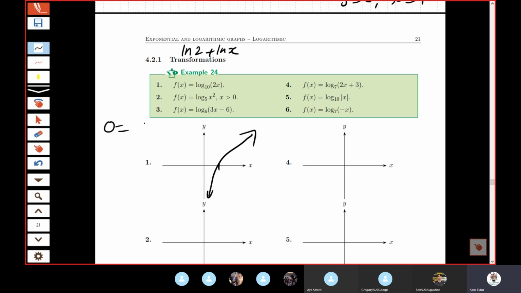It looks like this: 0 equals log 2x base 10. How do I get rid of the log? You exponentiate both sides. This cancels out. 10 to the 0 is 1. So x equals a half. And that's it. Otherwise, that hasn't moved anywhere. It's shifted up, but you can't really tell the shift because you're not moving left and right. So the asymptote's not changing or anything.